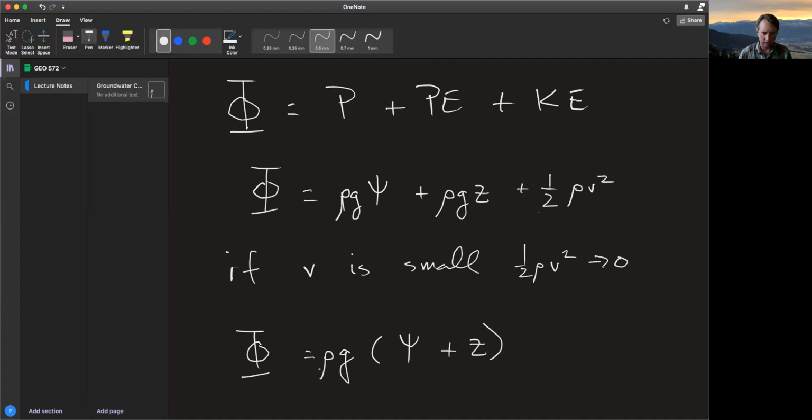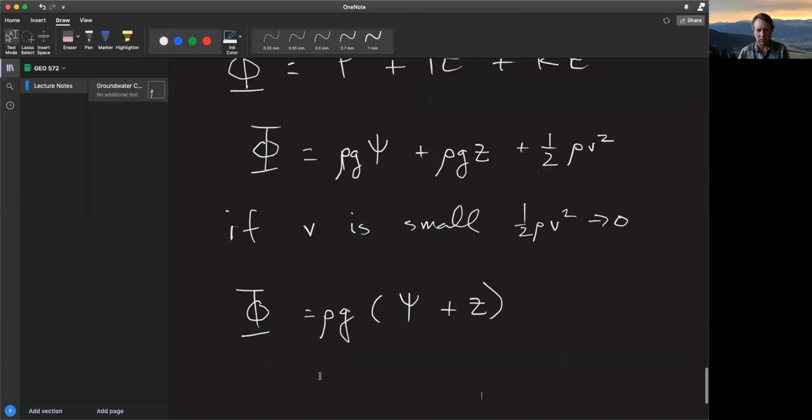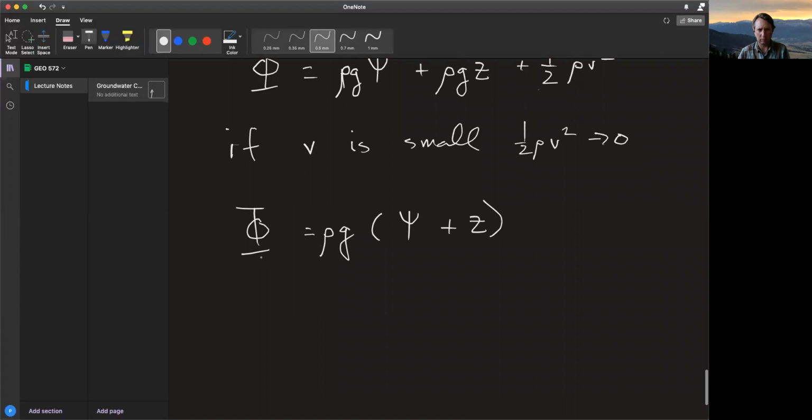And now finally, we can divide our potential by rho g. That is equal to our total head, which is equal to the height of water above our point plus the height of our point above a datum. All right. This is the total energy of water.